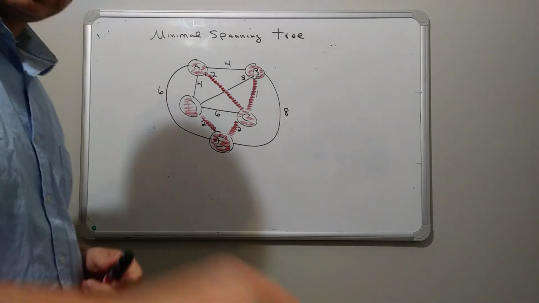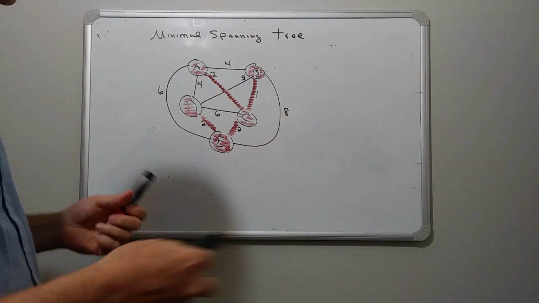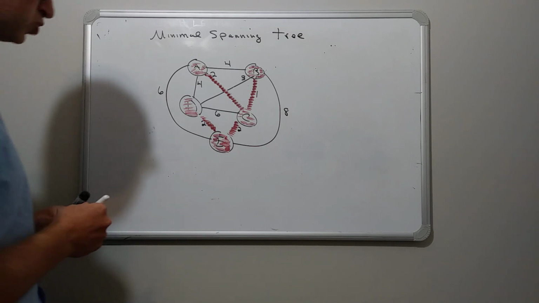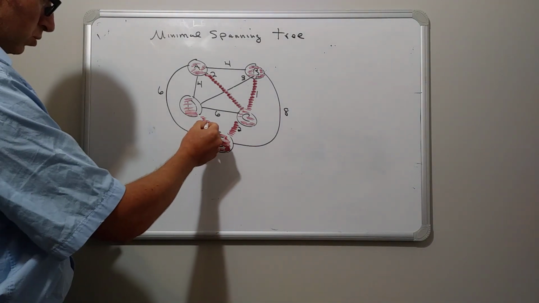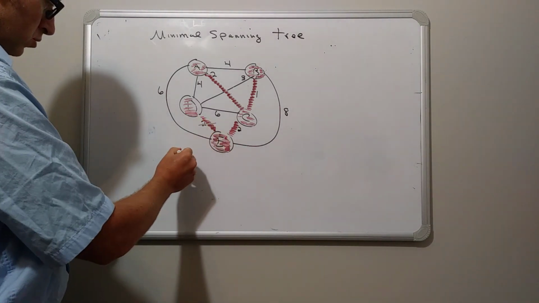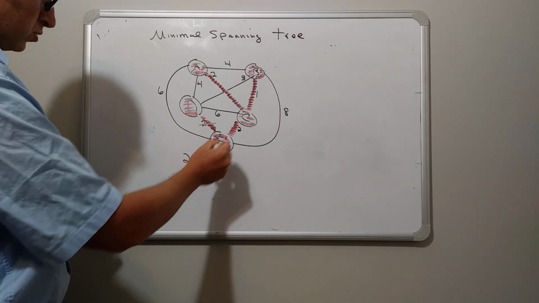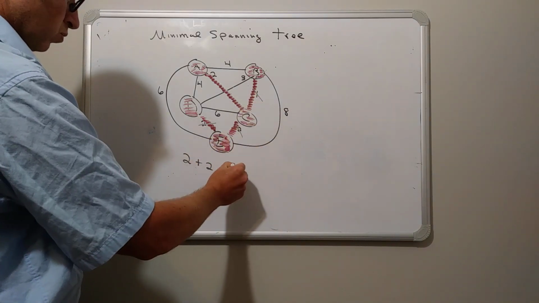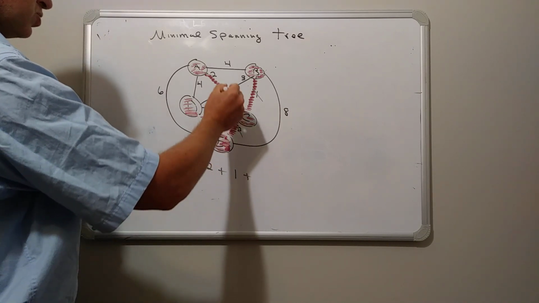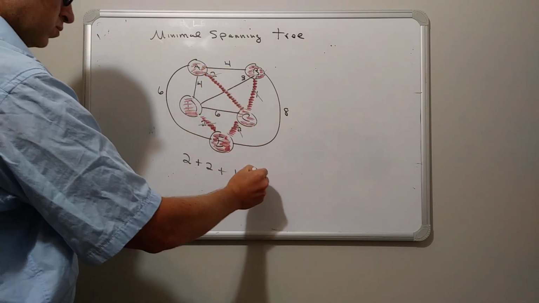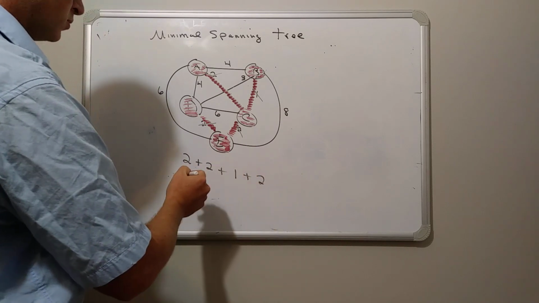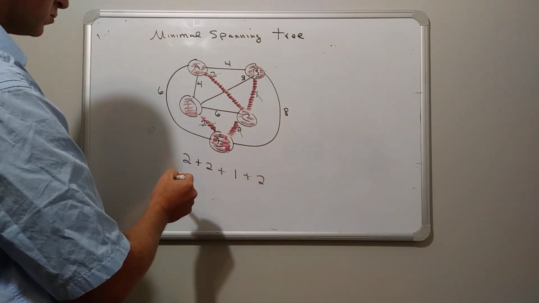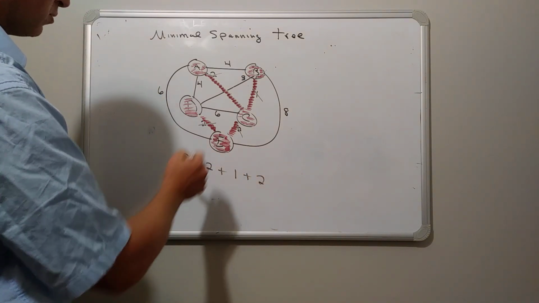All nodes are connected. And let's write down the length of our minimal spanning tree. So it will be 2 plus 2 plus 1 plus 2. And I think I got everything right.